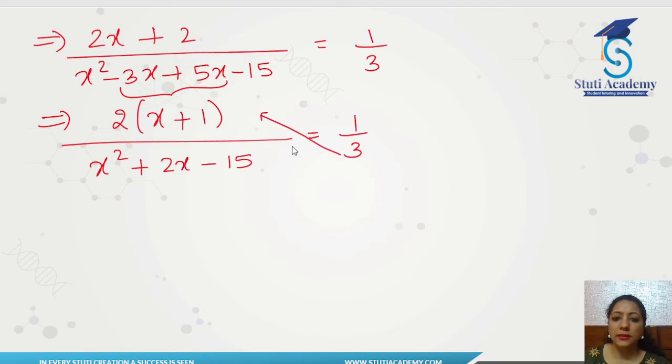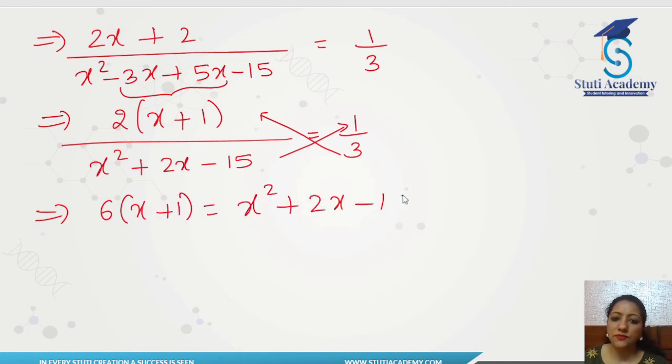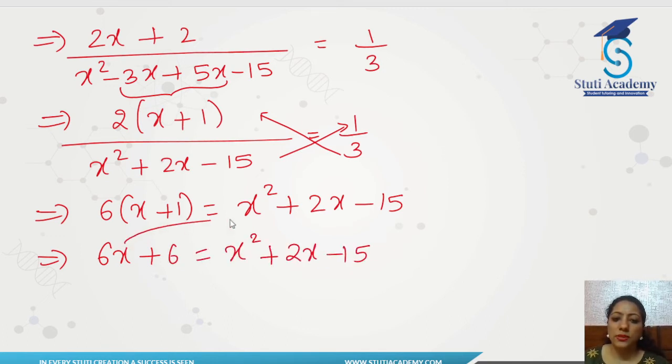Now we can multiply this. Let's see what happens. So we'll get 6 times x plus 1 here, and then we'll get x square plus 2x minus 15. So this can be simplified further. We'll write this as 6x plus 6 is equal to x square plus 2x minus 15. So we'll take both of these on the right hand side.